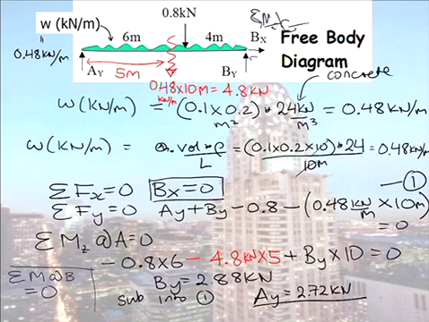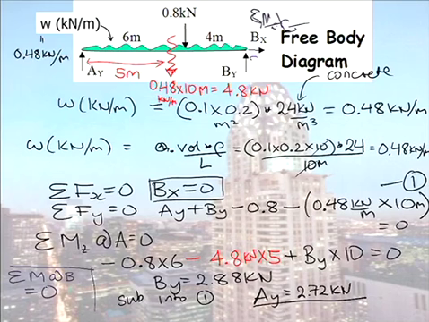It's now going anti-clockwise, so it becomes positive. The weight of the beam itself, that's also going anti-clockwise, so that's positive. And our AY now causes clockwise. So your moment changes sign as a function of where you take moments about.